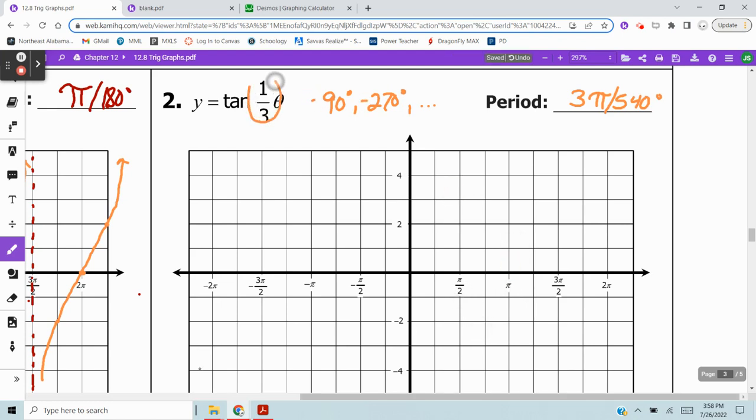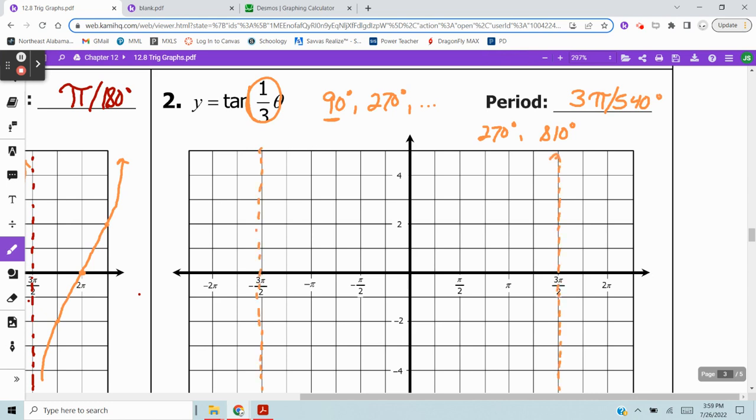However, if you stretch them 3 times wider, you multiply each of these by 3, giving you -270 and -810, and +270 and +810. That's where those asymptote lines are going to be: 270, 810, -270, -810. Let's plot them.